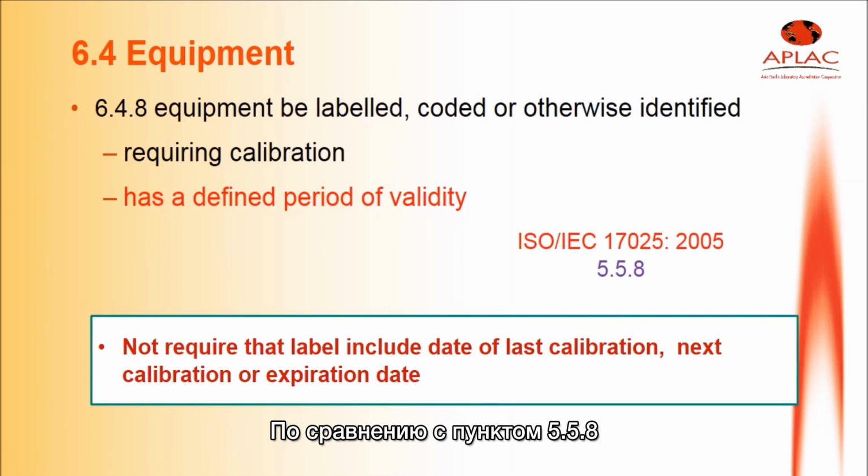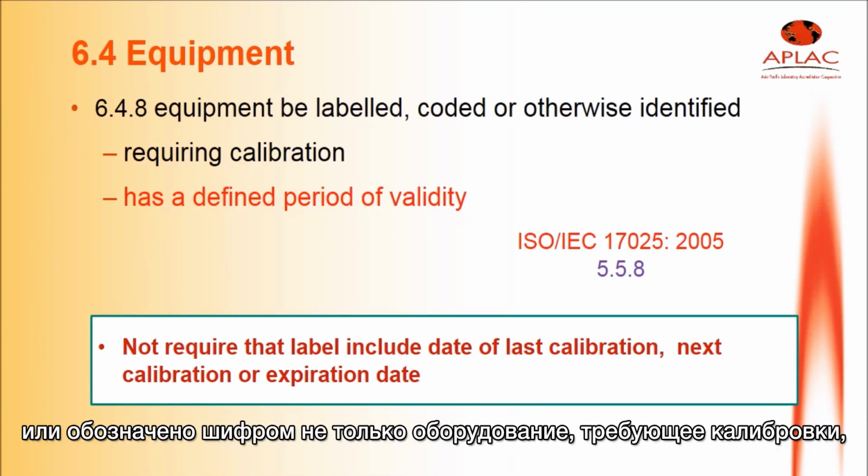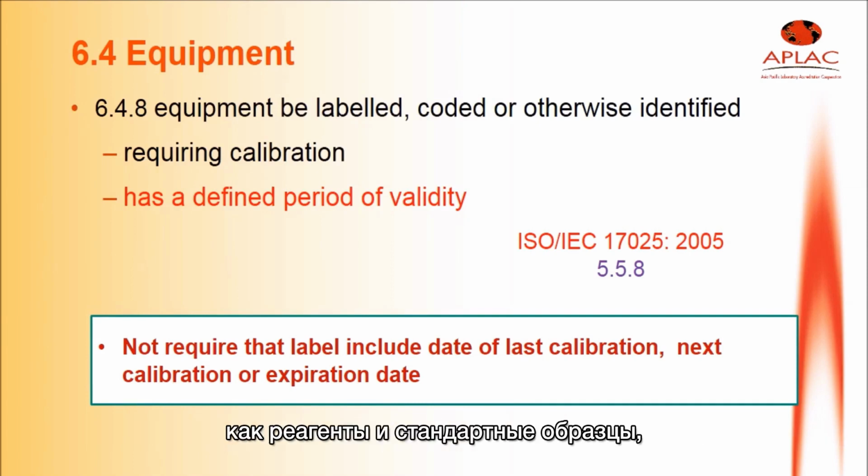Comparing with Clause 5.5.8 in the 2005 version of 1725, not only equipment requiring calibration, but also items such as reagents and reference materials, which always have a period of validity. For those substances, they also need to be labeled or coded to ensure the laboratory personnel can easily identify the validity status.